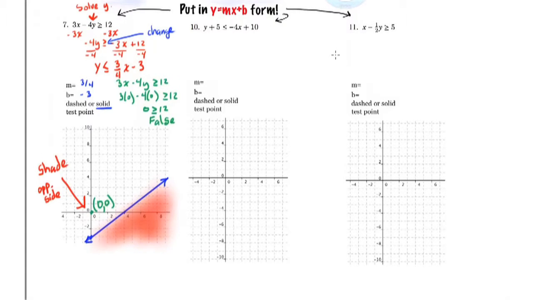So for 10 and 11, we're going to do the same thing. We're first going to put this into y equals mx plus b form, and then we're going to read the slope and y-intercept, plot the line, use a test point, and shade.